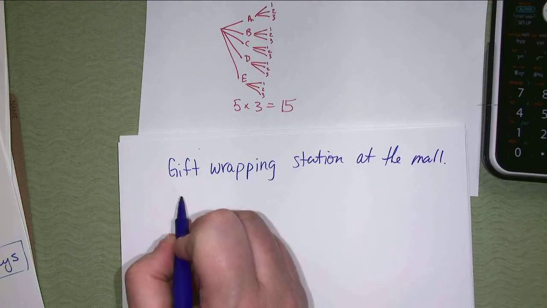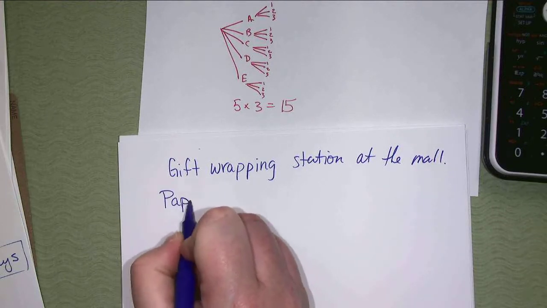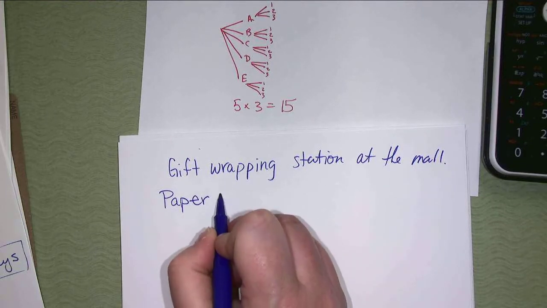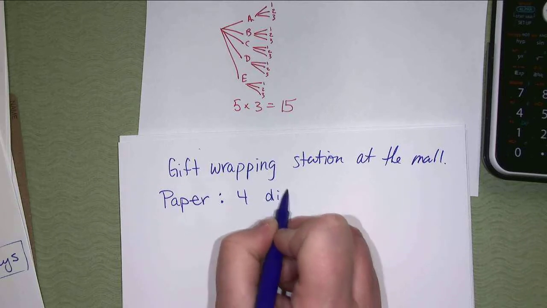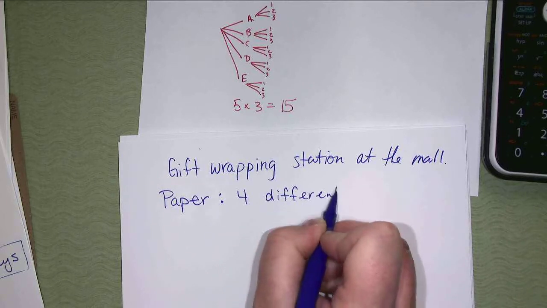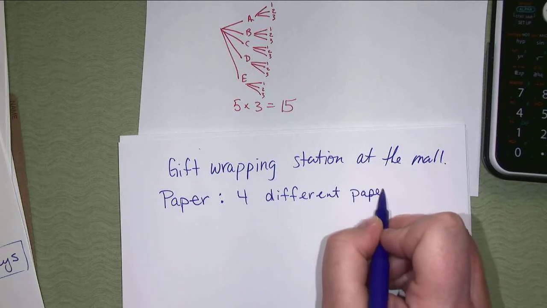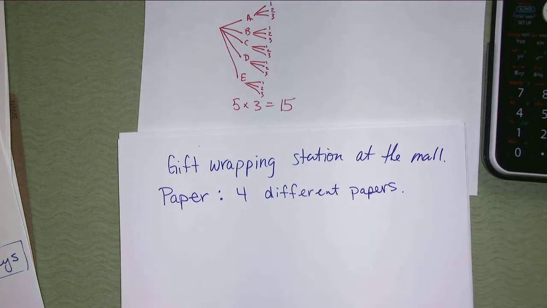You walk up to them and you pick a paper. So let's say there's 4 different papers. If that was all, and you walked up to them with your gift and said, can I have this wrapped with that paper? There's 4 choices. So right now there's just 4 possibilities.